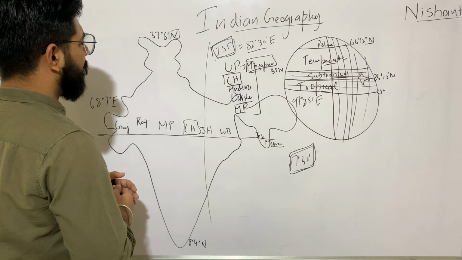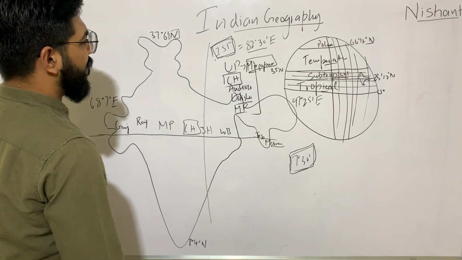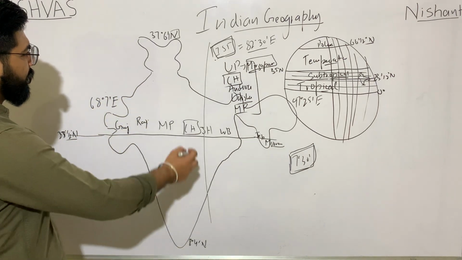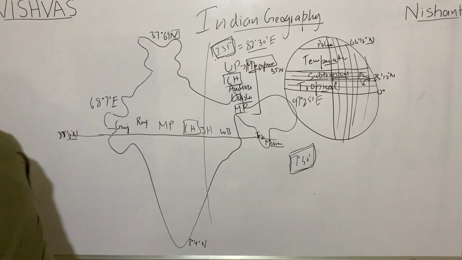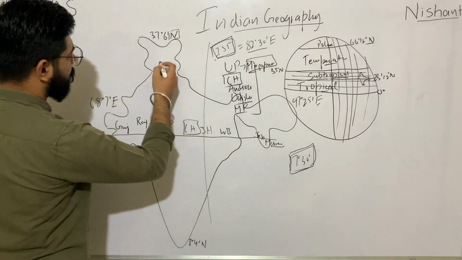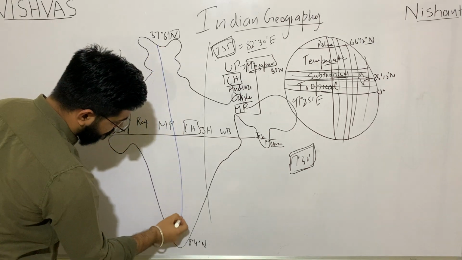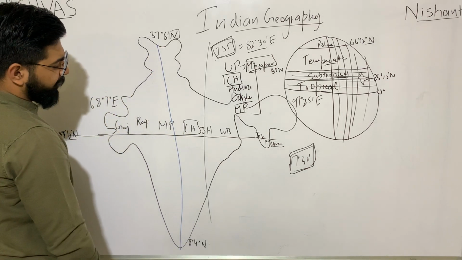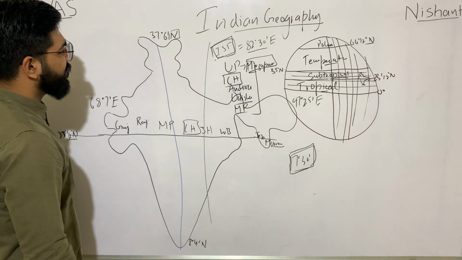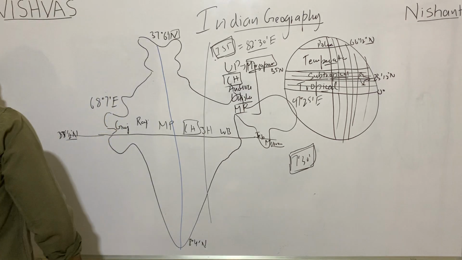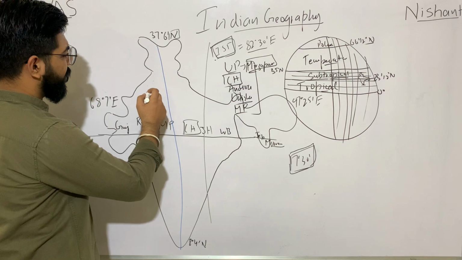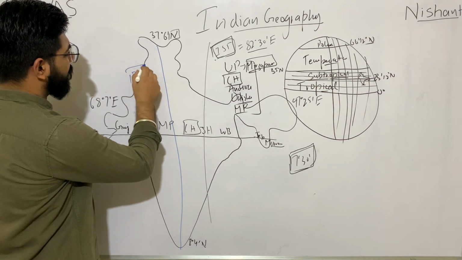So this is the latitudinal extent and the longitudinal extent of India. If you observe the difference properly, the difference between 37 degree 6 minutes north and 8 degree 4 minutes north is approximately 30 degrees.